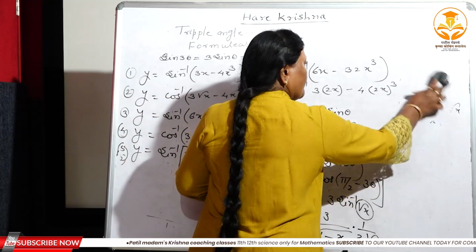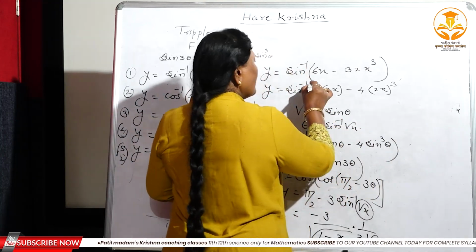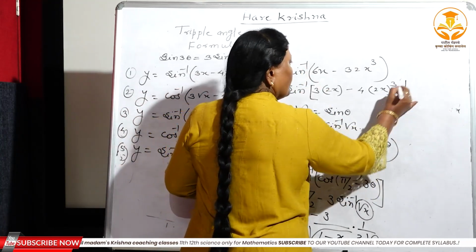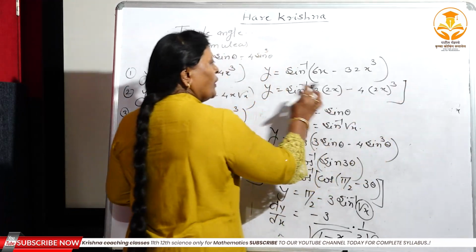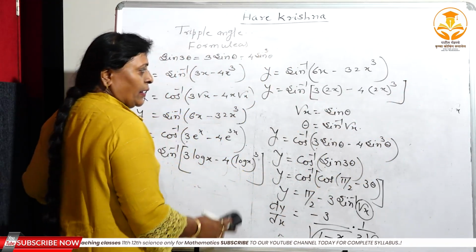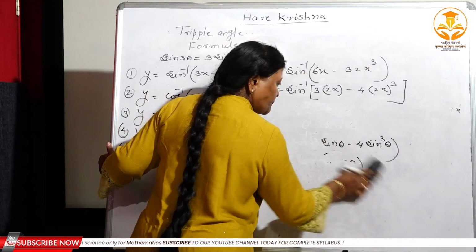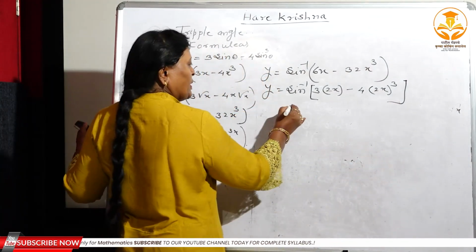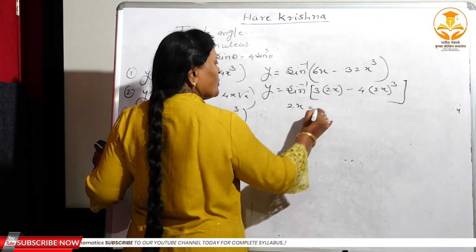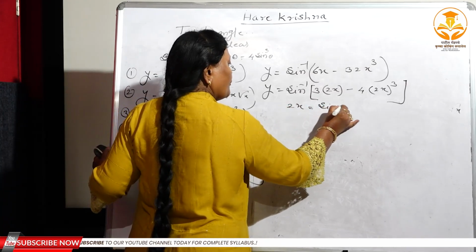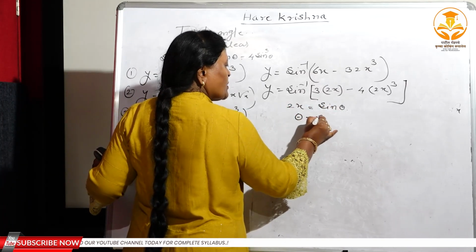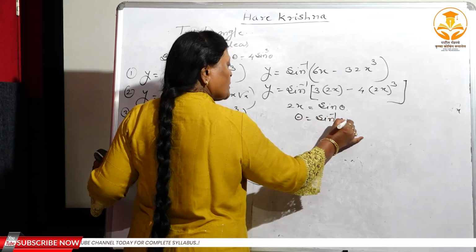Now your problem is in a standard formula. Obviously you can substitute 2x is equal to sine theta, right? Therefore theta is equal to sine inverse of 2x.